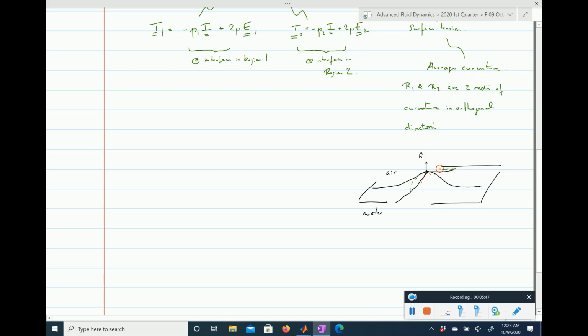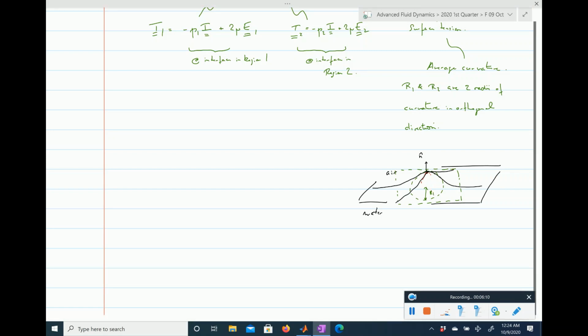If you consider the intersection of your interface with one of these planes, and fit the closest resembling circle, that could be one radius of curvature, R1.